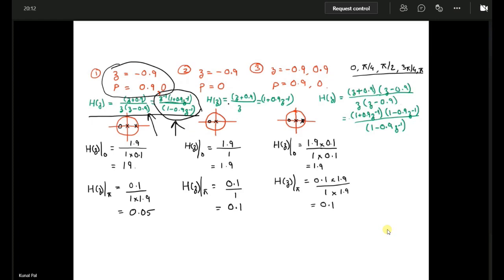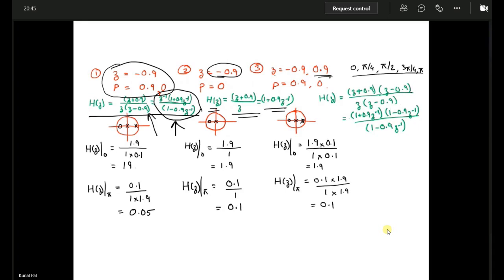Similarly, for the second case, we can find H(z) in this fashion. So it becomes z minus 0.9, so it becomes plus 0.9 divided by z. And over here, if you see, z plus 0.9 multiplied by z minus 0.9 divided by z multiplied by z minus 0.9.